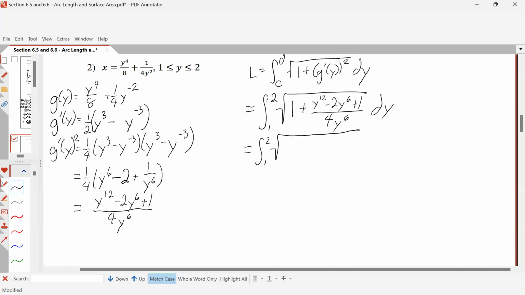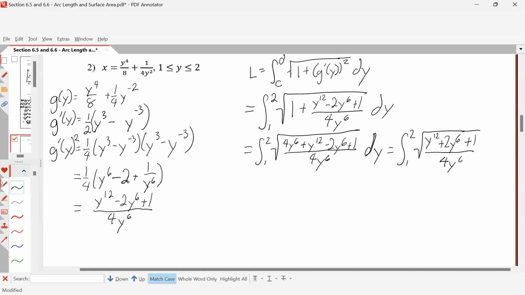Finding the common denominator, we have 4y to the 6th plus y to the 12th minus 2y to the 6th plus 1 all over 4y to the 6th. And just like the last problem again, 4y to the 6th and -2y to the 6th simplify to be a positive 2y to the 6th.